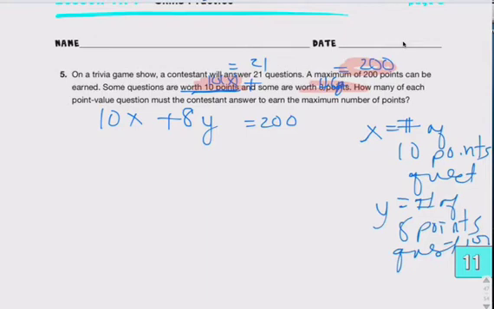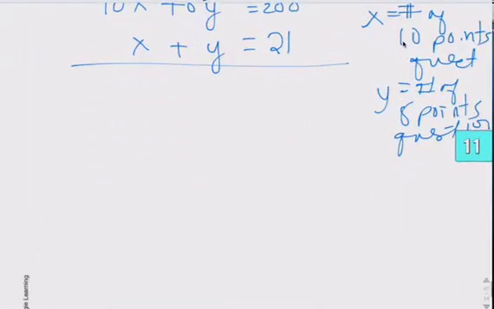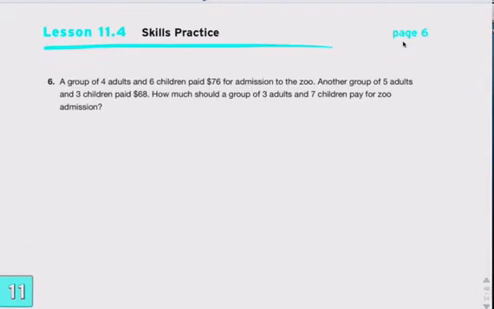Now the number of 10-point questions plus the number of 8-point questions has to add up to 21. You use elimination or substitution and let you have good examples.